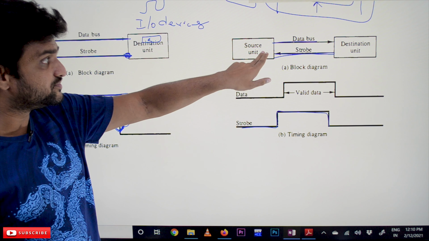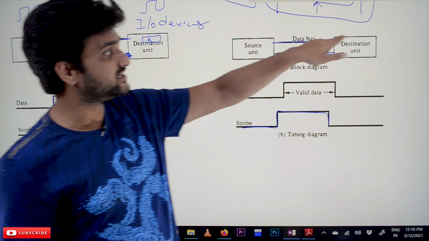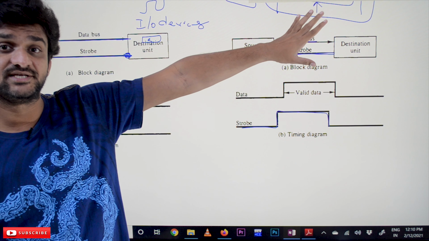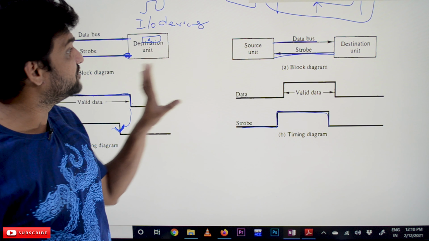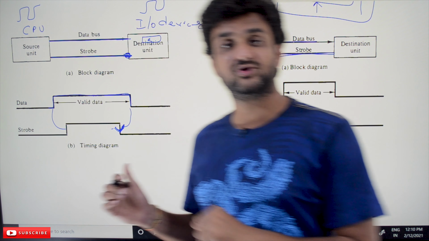On receiving the strobe signal, the source will send the data requested by the destination unit. This is how asynchronous data transfer happens by using the strobe control mechanism.